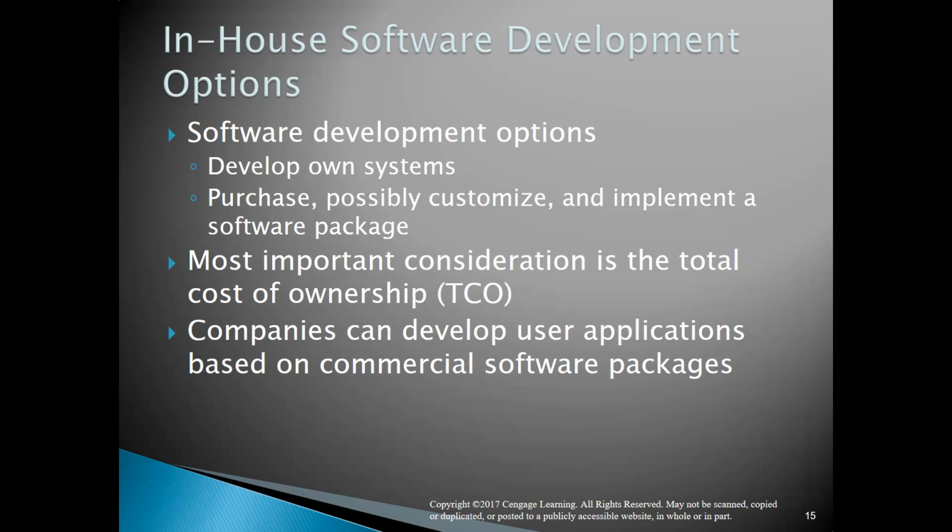Companies can develop user applications based on commercial software packages. What it simply means is some companies can buy commercial software. These are ready-made software that organizations would sell, for example, Bonware would sell. So you bring in that software, implement it within your organization, and adjust things accordingly to the software.